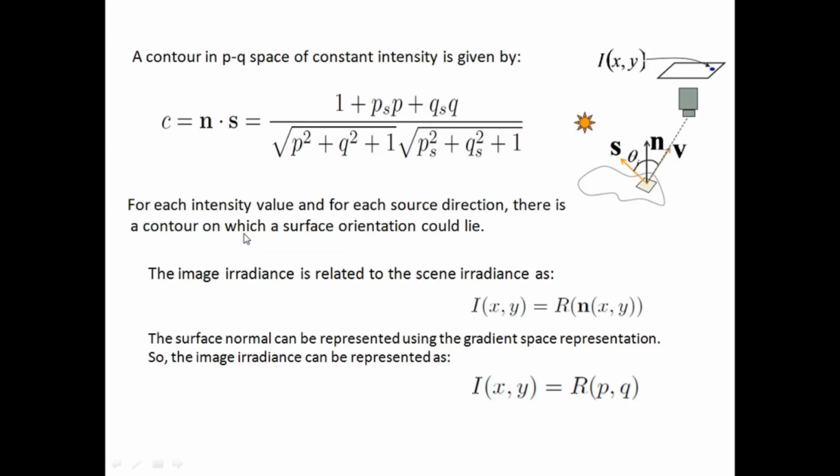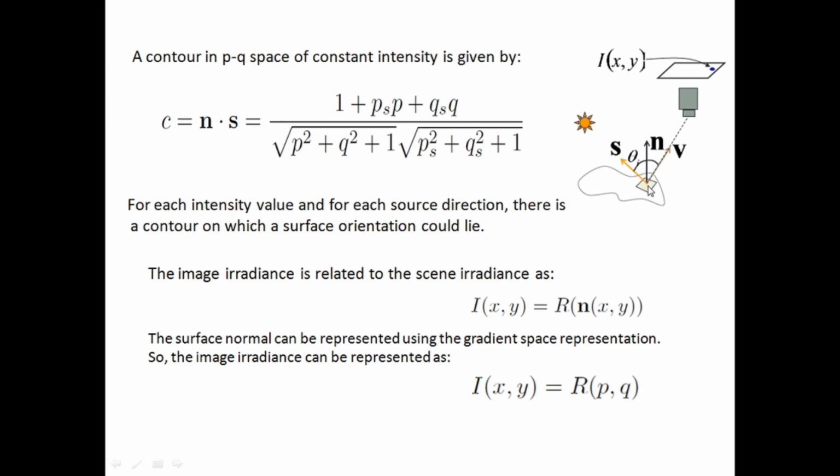Okay. So finally, the image irradiance. What is this? The image irradiance is related to the scene radiance as what? If I assume this one as the x comma y coordinate, that means this point is nothing but the point that is being imaged here. So I of x comma y is nothing but the reflectance map at this point, which is R of n of x comma y, because I am taking the normal component with x comma y as a notation.